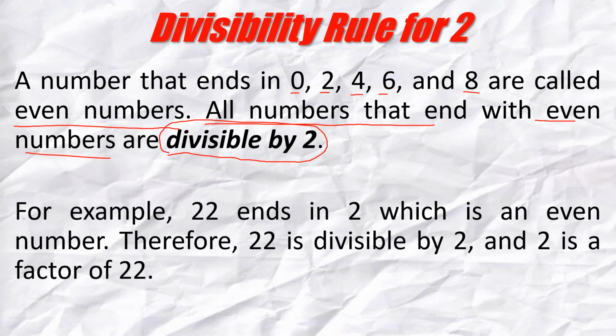For example, 22. 22 ends in 2, so the last digit is 2, which is an even number. Therefore, 22 is divisible by 2, and 2 is considered one of the factors of 22. So we can say 11 times 2 equals 22. 11 and 2 are both factors of the number 22.